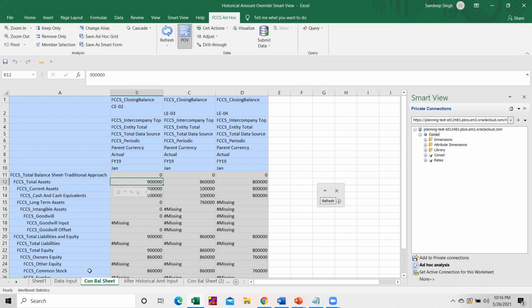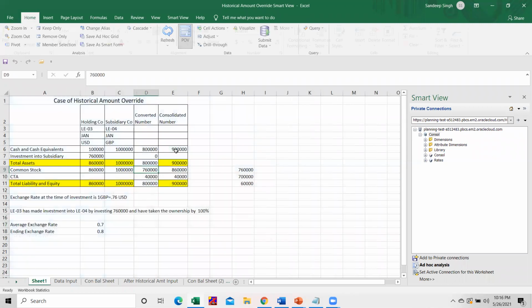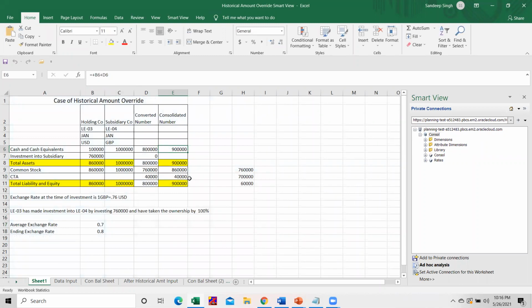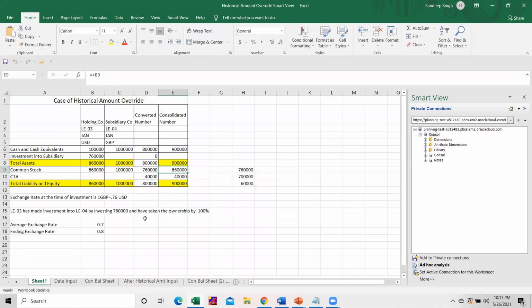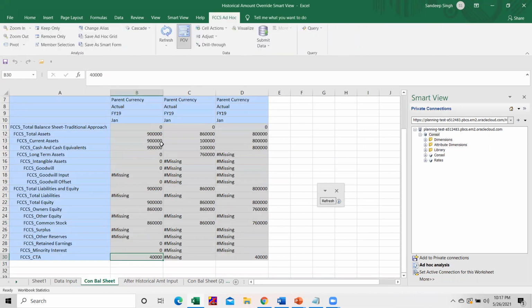Our total asset number should be 9 lakh, which is as per our functional calculation. This is 9 lakh, and now we'll look at the liability number. You can see that for common stock, this is 8,60,000, and for CTA, this is 40,000. So our total asset is equal to total liability, which is exactly equal to our functional calculation.